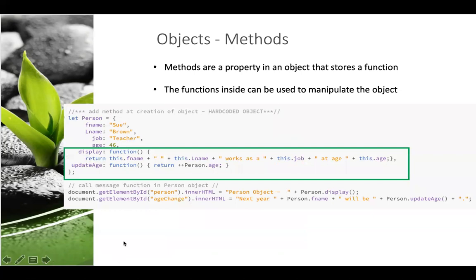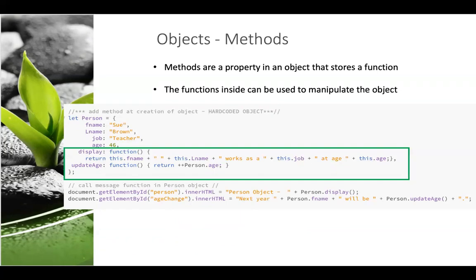Methods can be attached to an object as well. A method is a property inside an object that stores a function. It's important to learn the difference between function and method. A function that's stored within an object is called a method. Otherwise, it's just like a function.